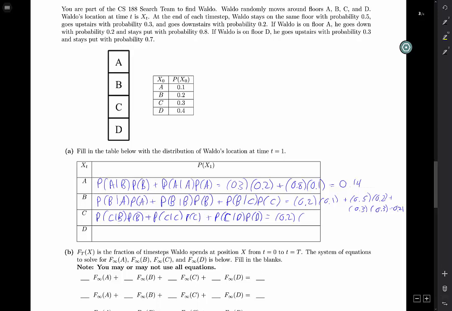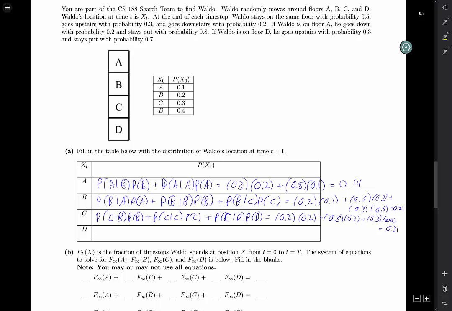The probability that I was in B was 0.2. Then the probability I stayed times the probability I was already in C, plus the probability I went up, well, I was in D, so the probability I went up is 0.3. The probability I was in D was 0.4. So this turns out to be 0.31.